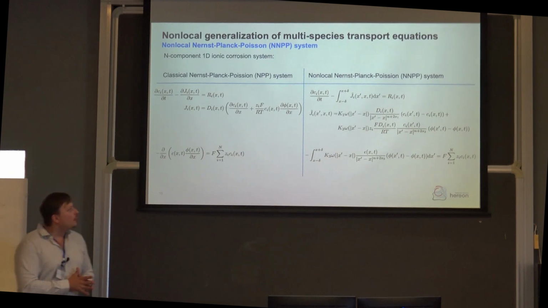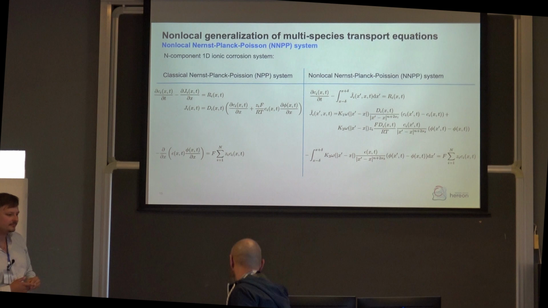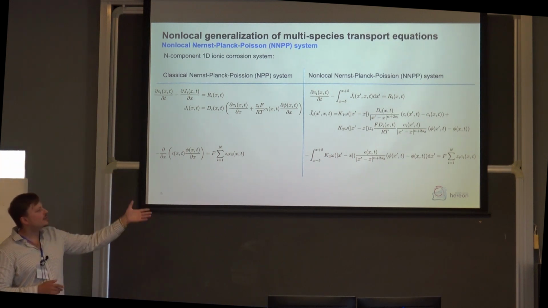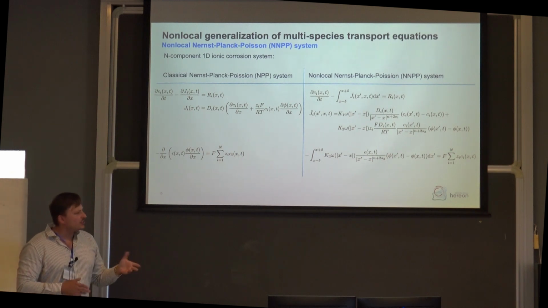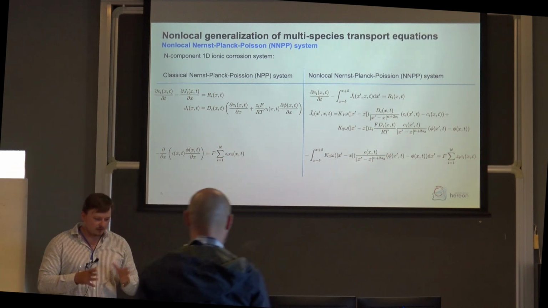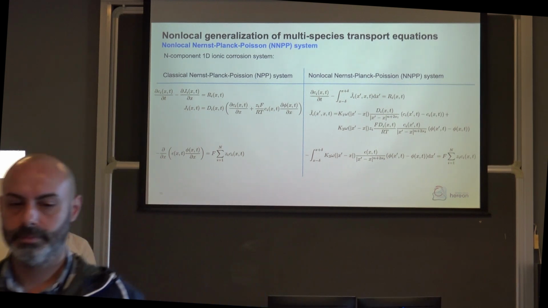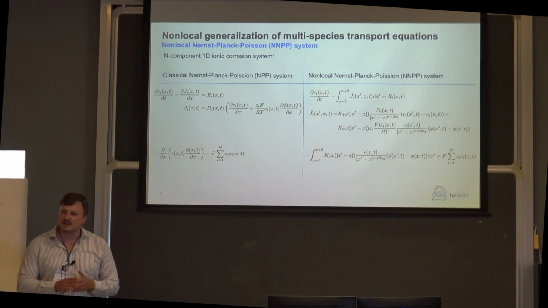What we then proposed is to take this classical Nernst-Planck-Poisson system and transfer it into the peridynamic, the non-local framework. Just a little note on the side, the terminologies are not always unique or clear. When we say peridynamic, non-local, oftentimes we use it synonymously.